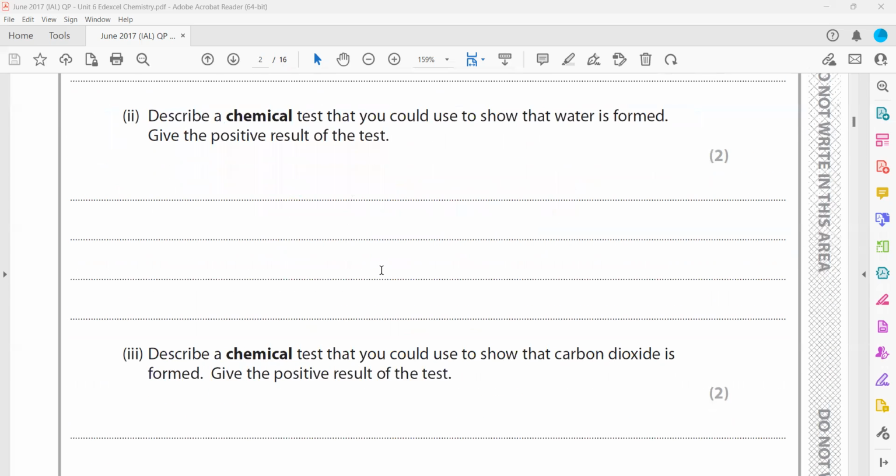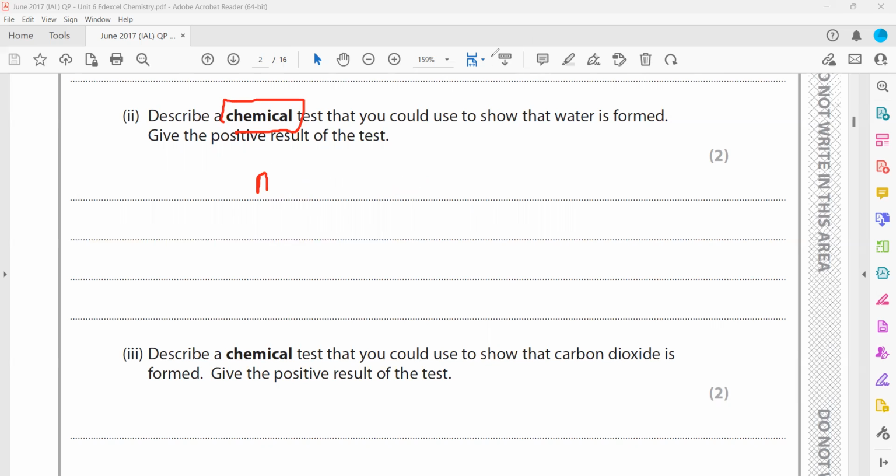Describe a chemical test that you would use to show that water is formed and give a positive result. So how can we check the presence of water, a chemical test? We can use anhydrous copper 2 sulfate, or cobalt chloride paper because gas is there.